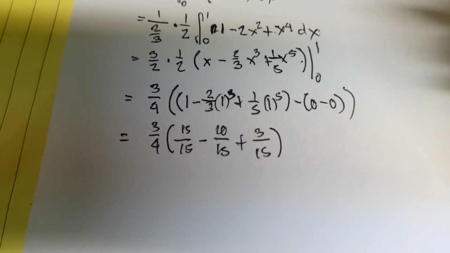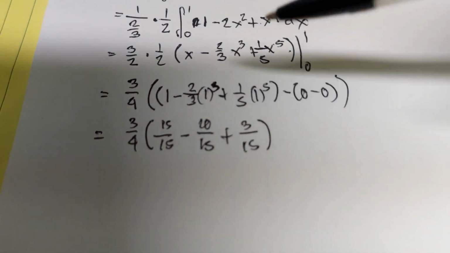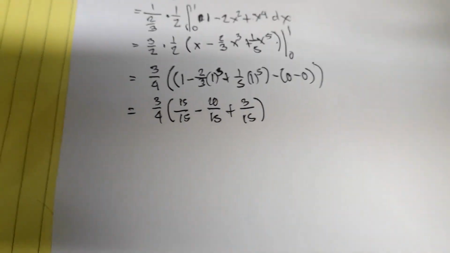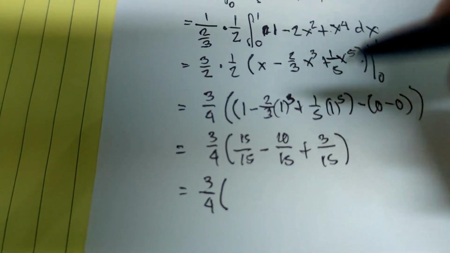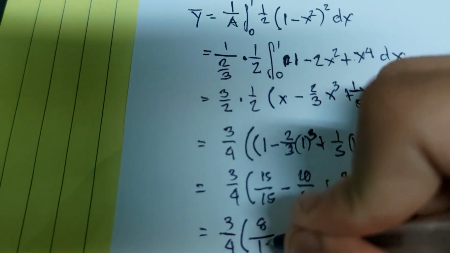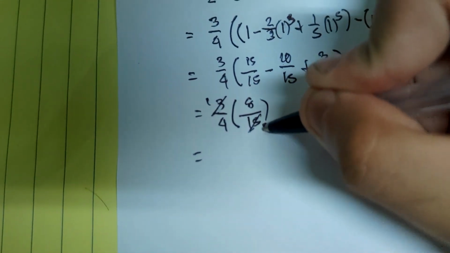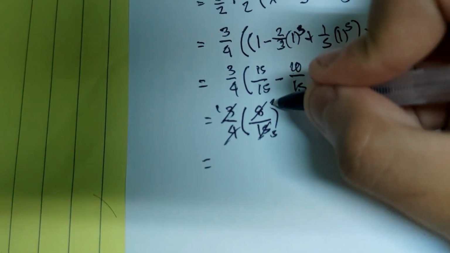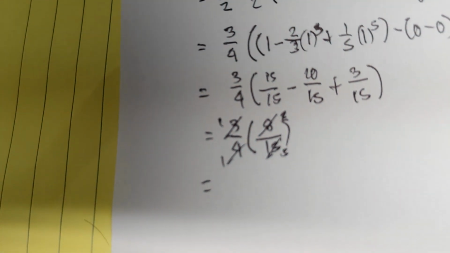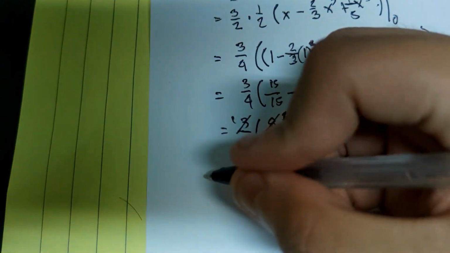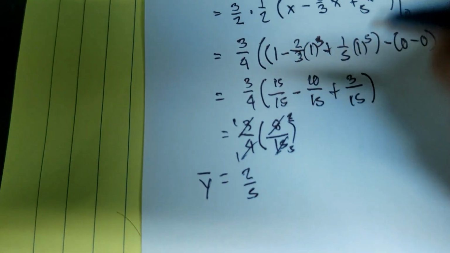Okay, and then we can just solve this. 15 minus 10 is 5, plus 3 is 8, with the same denominator, 15. So this will become 3/4 multiplied by 8/15. We can just cancel this out: 4 goes into 8 twice, and 3 goes into 15 five times. So our answer will just be 2/5. Okay, our y coordinate will be just 2/5.